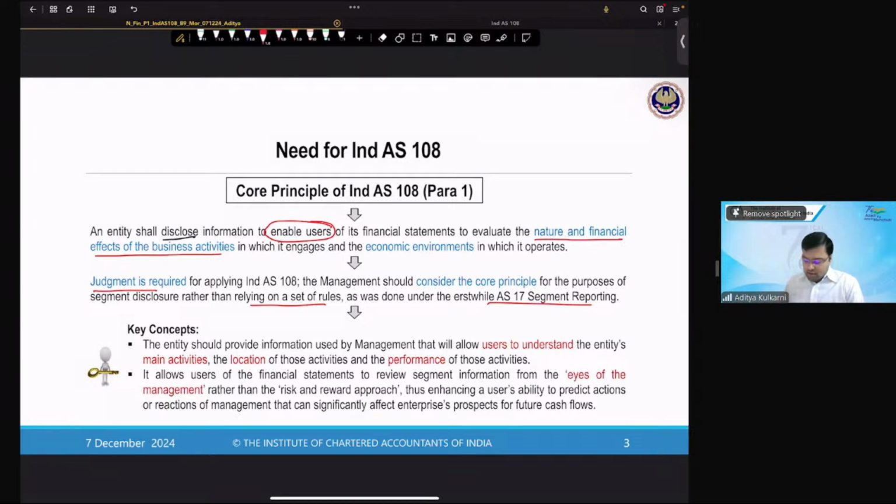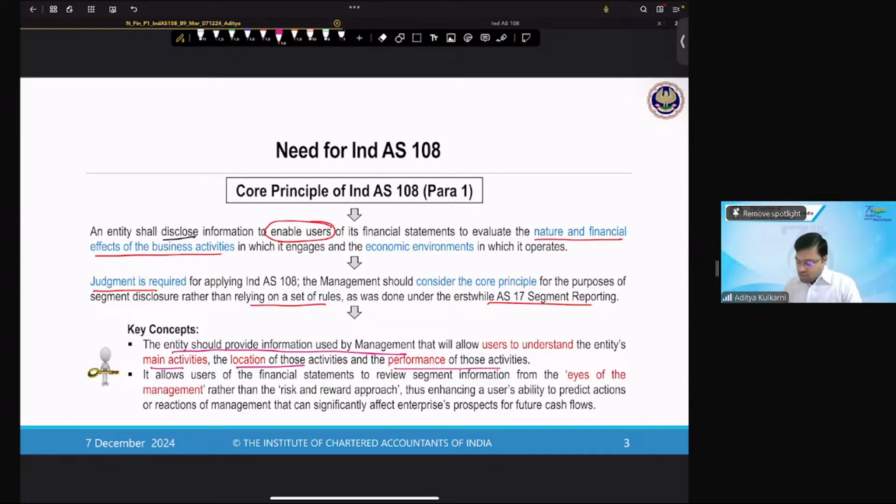The entity should provide information used by the management, not by the accountant, used by the management, that will allow the users to understand the entity's main activities, the location of those activities, and the performance of those activities.